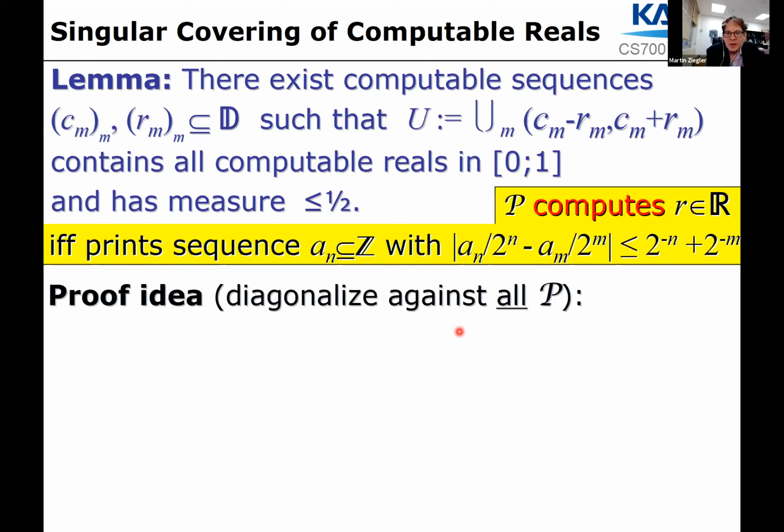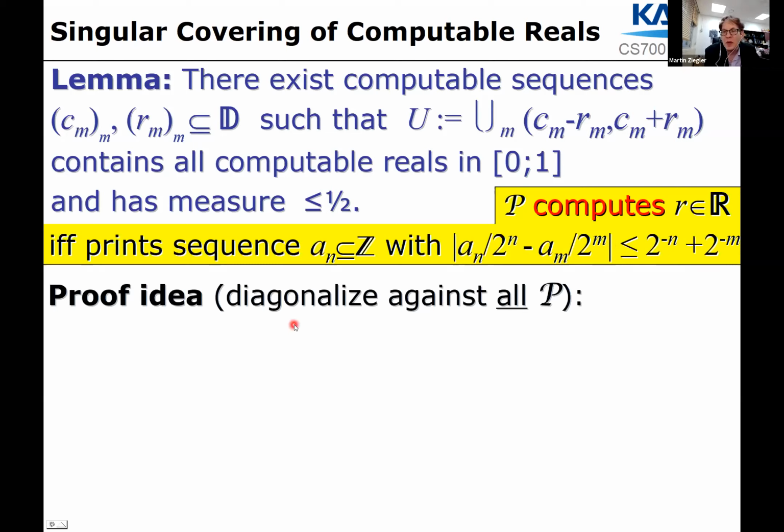And the difficulty here is that, of course, we cannot decide whether a given algorithm actually computes a real number or not. By simulating the algorithm, we can check whether the algorithm outputs finitely many approximations that satisfy this condition, but we can never be sure that the algorithm outputs an infinite sequence where every element satisfies this condition. That's, of course, impossible.